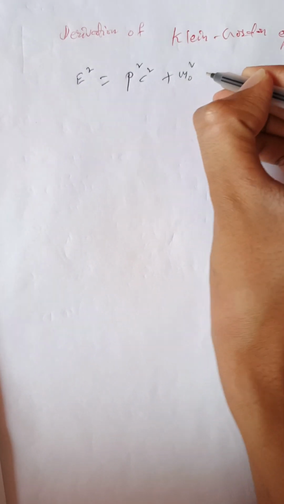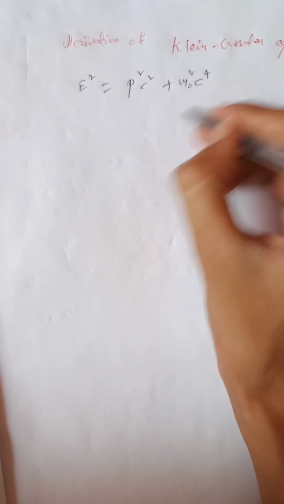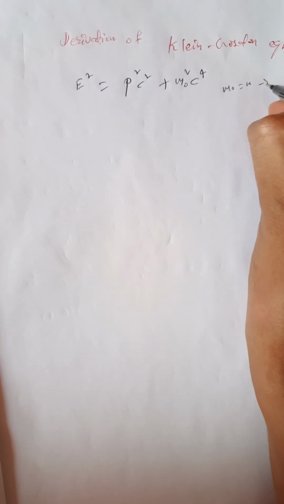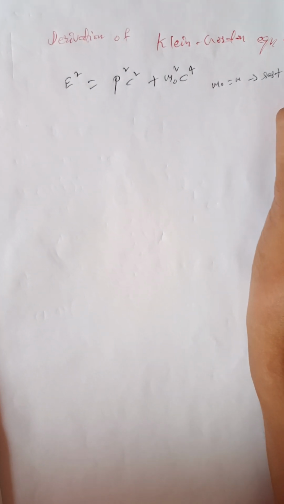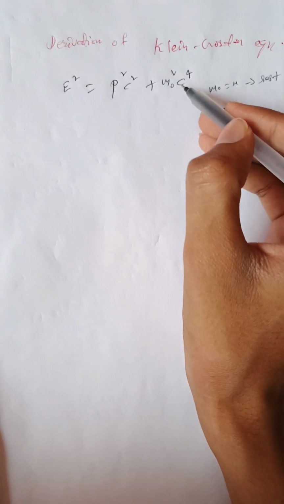c to the fourth. I should write m naught squared c to the fourth, but for convenience subsequently I will write m naught as m, and this is the rest mass of the particle, this is momentum, this is the speed of light, and this is the energy.